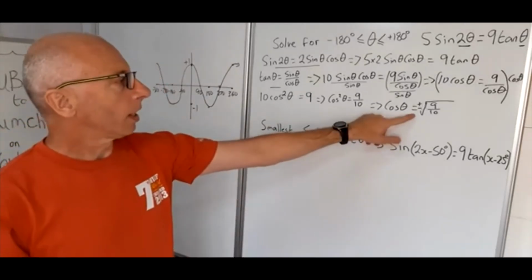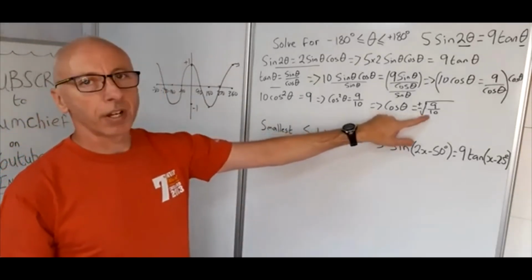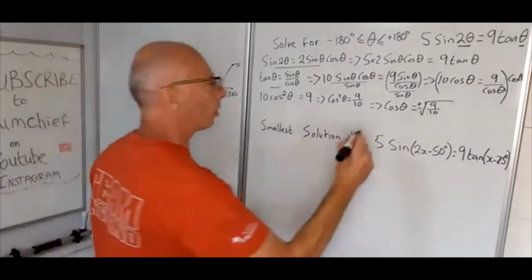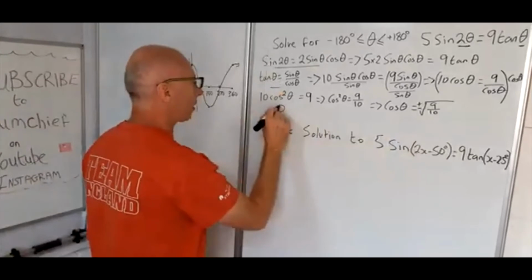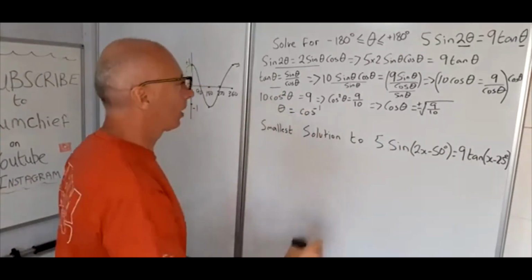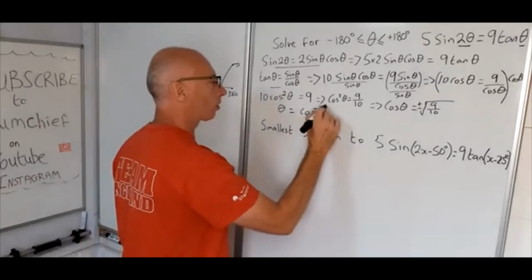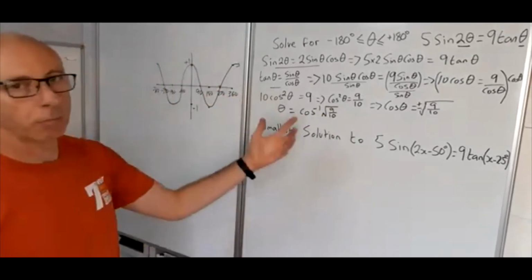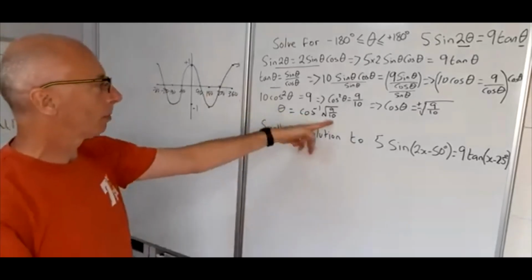So cosine theta equals square root of 9 over 10. That is almost 1. So therefore theta equals arc cosine of square root of 9 over 10. We could write 0.9 there if we wish, to make things a little easier.